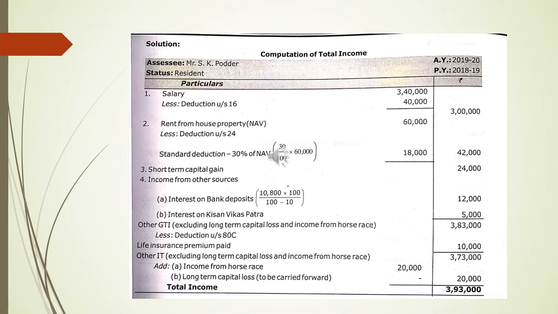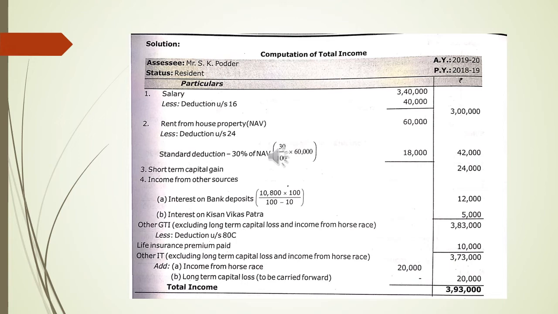So out of gross salary, you have to give deduction under section 16 if you remember, where it will be professional tax and standard deduction of 40,000. That 40,000 includes all other deductions that an assessee or an employee is eligible to claim. So 3,40,000 minus 40,000 standard deduction, 3 lakhs is your taxable income from salary.